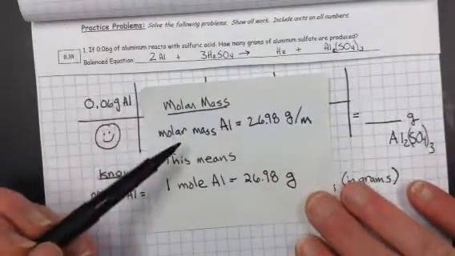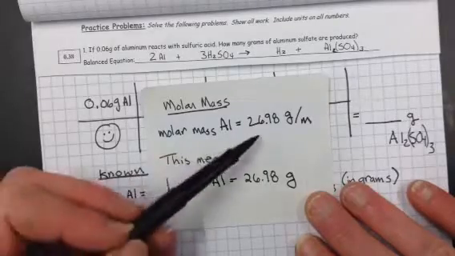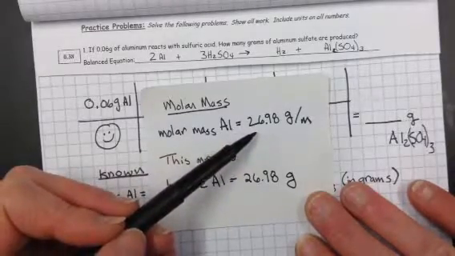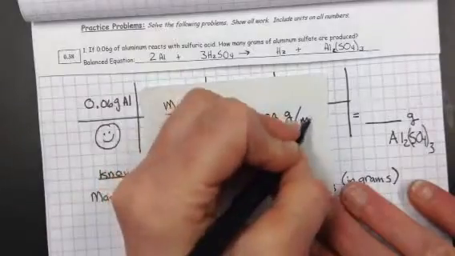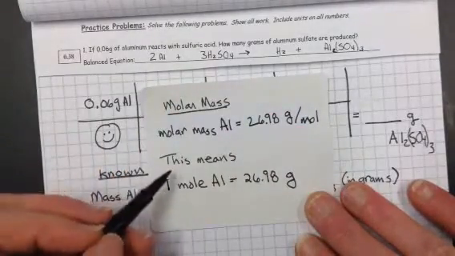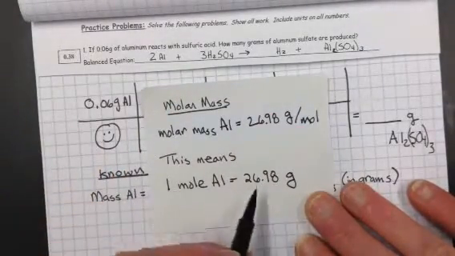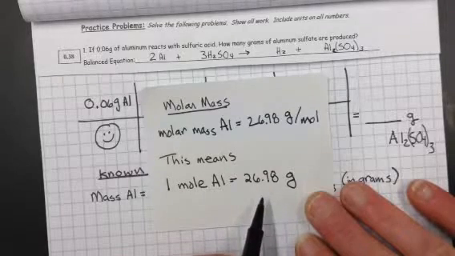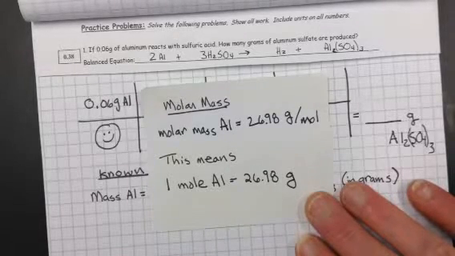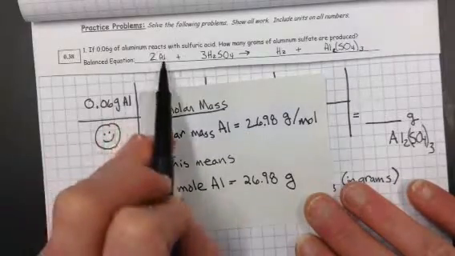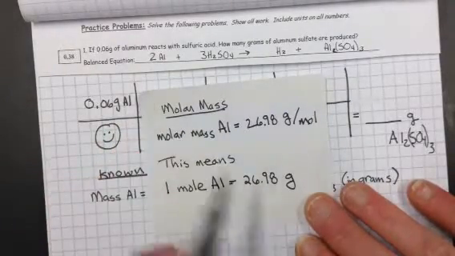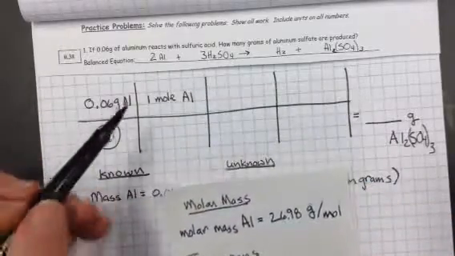The molar mass of aluminum, looking on our periodic table, is 26.98 grams per mole. What this means is 1 mole of aluminum is the same as 26.98 grams. So we should be good to go on that. It's a single metal. All we have to do is look on the periodic table.